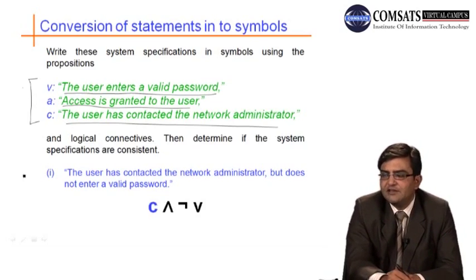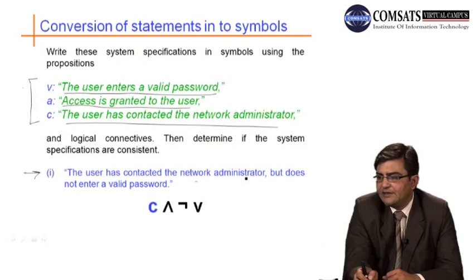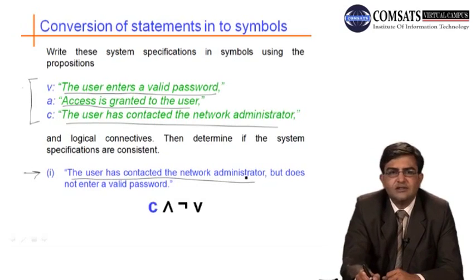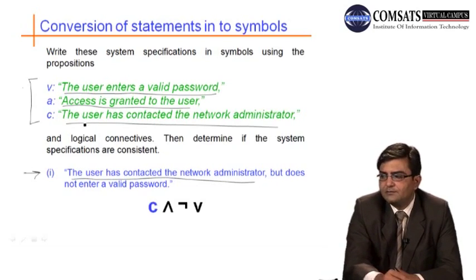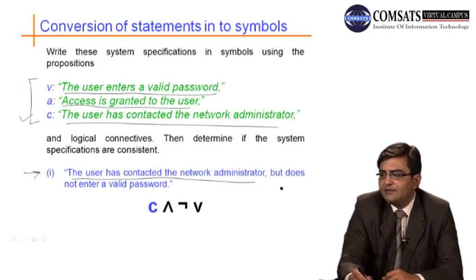For example, if we have this statement, the user has contacted the network administrator but does not enter a valid password. So the user has contacted the network administrator. What is this? This is the proposition C. Here we have but, which is basically a connective.